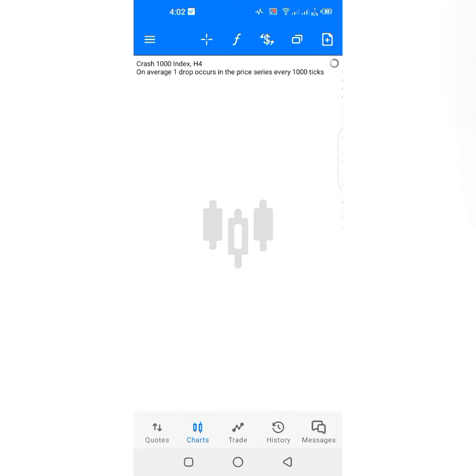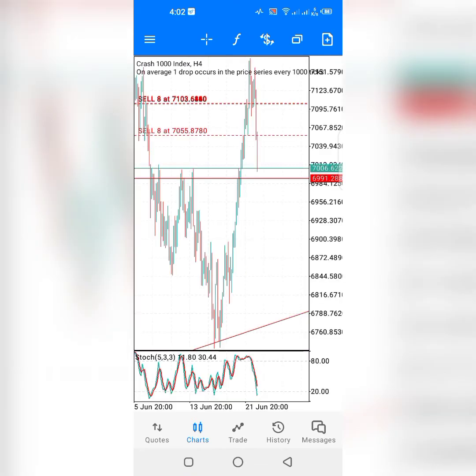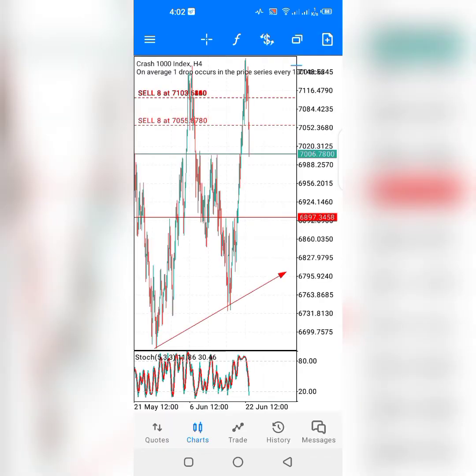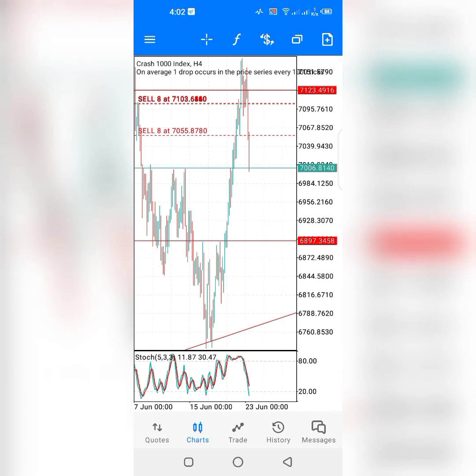The TP is at 6899. So 6863 is around this point. Our entry is around this point, around 71-something. Yeah, that's where our entry is at.